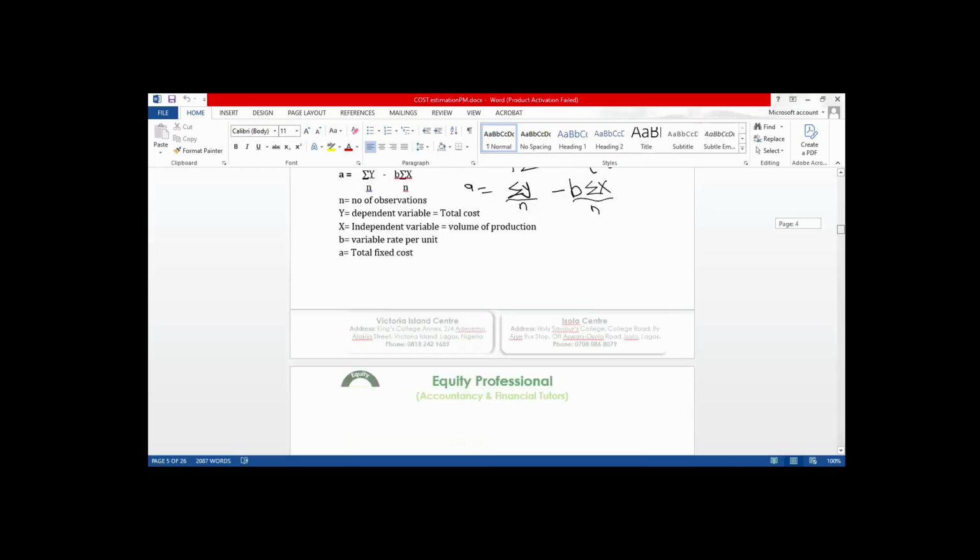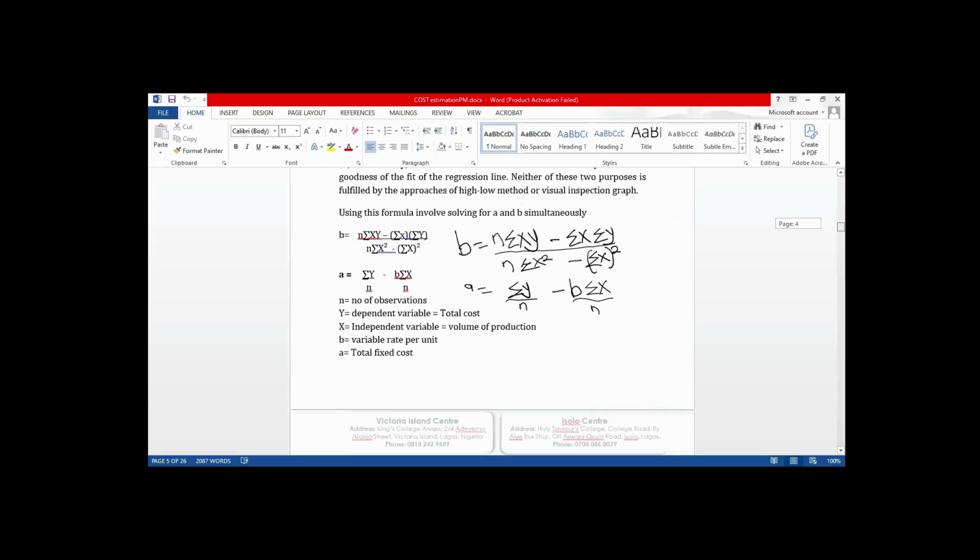To do this, we shall be using question 1, page 78. Please, can we refer to the question in our study pack? Look at question 1, page 78.